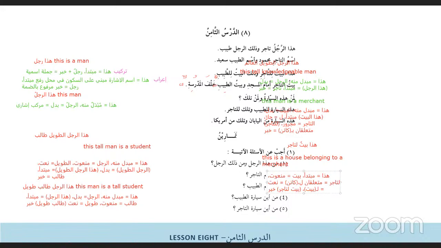This tall man is a student. Now here the mubtada is compounded with mubdal min but the badal is compounded with man'ut al-nat, ar-rajul al-tawil. And then all of it becomes a phrase which becomes mubtada'un, and talibun is the khabar. Okay? And we opened it even further after that by using more examples. هذا الرجل الطويل العالم.